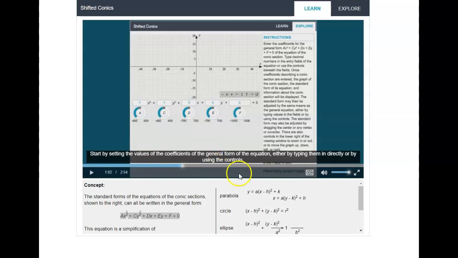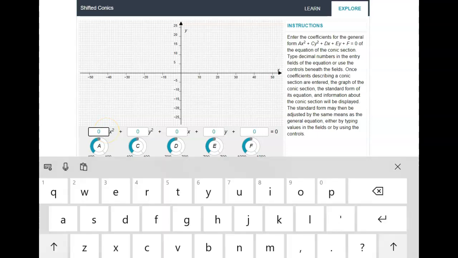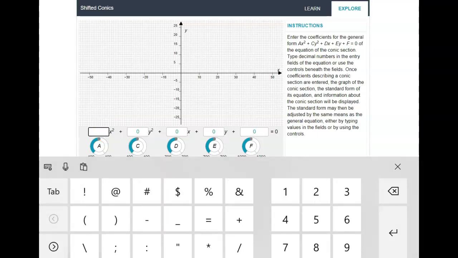Okay, so I paused that video. So if you go to the Explore tool, you could play around with the coefficients here. So for example, if you were to enter, let's say, a 1 for x squared, and then we make the coefficient for y squared a 0, and we make the coefficient for x, let's say, a 1 as well.